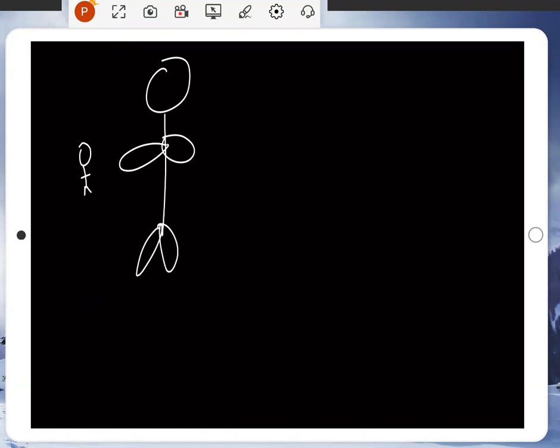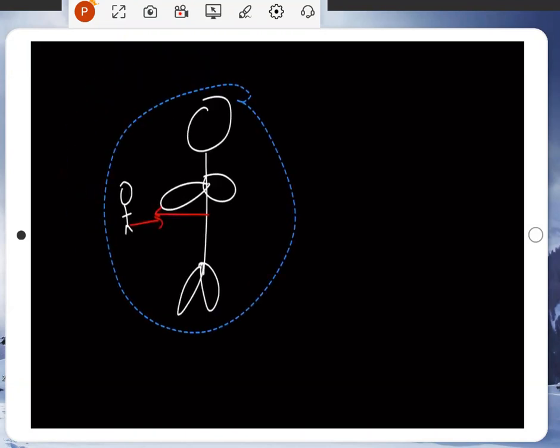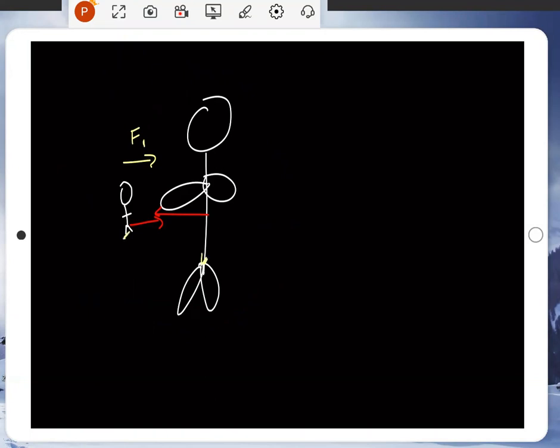Oh, yeah. So if we got these two hockey players, just a baby, a big beefy guy, and it's hockey, so they run into each other, right? What is the force, if this guy exerts a force F1, what direction is the force that this person exerts on that one?